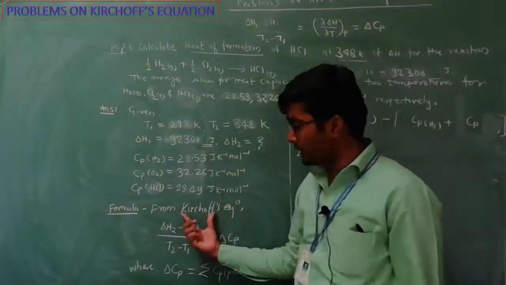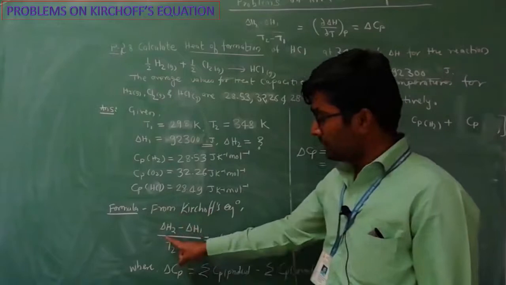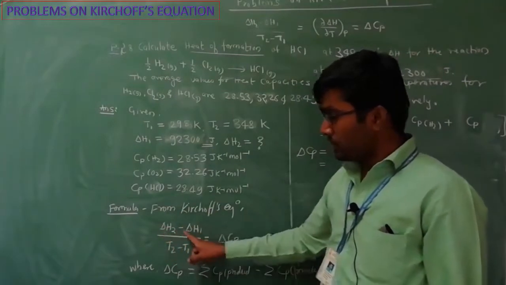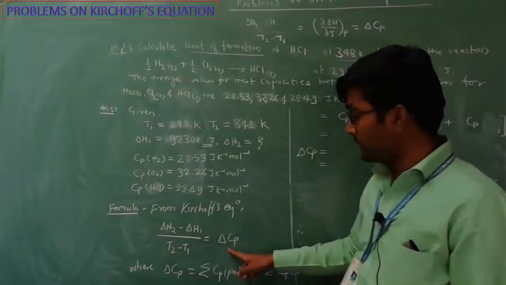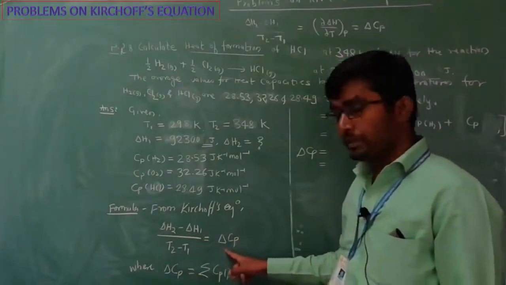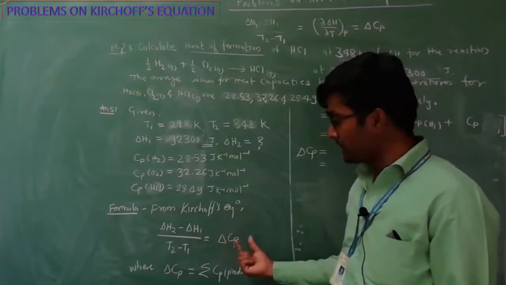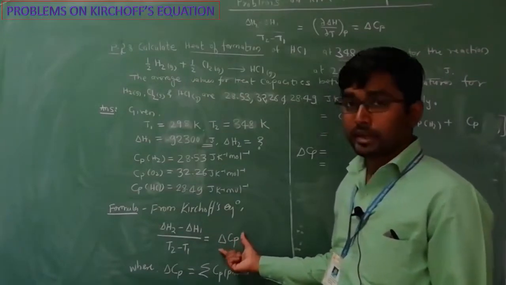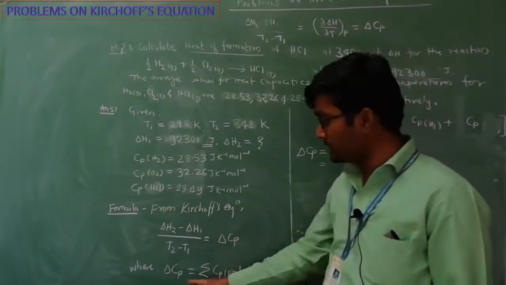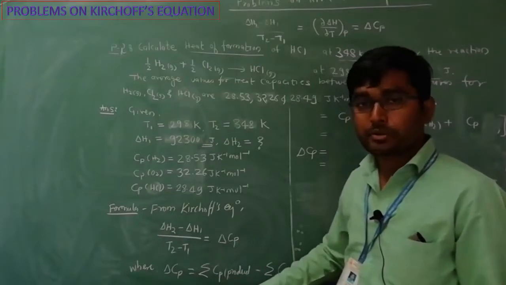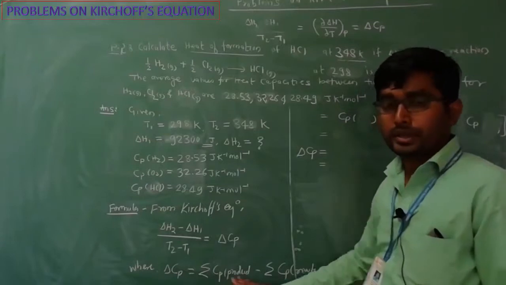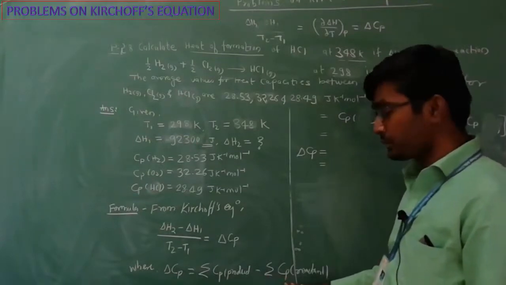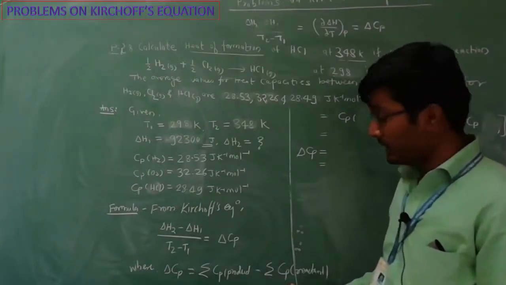Now, the formula. According to the Kirchhoff equation, delta H2 minus delta H1 upon T2 minus T1 is equal to delta Cp. Delta Cp is the change in specific heat capacities, which is equal to the summation of specific heat capacity of products minus the summation of specific heat capacity of reactants.